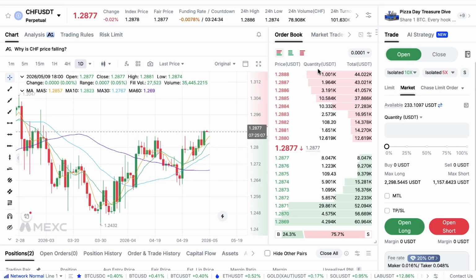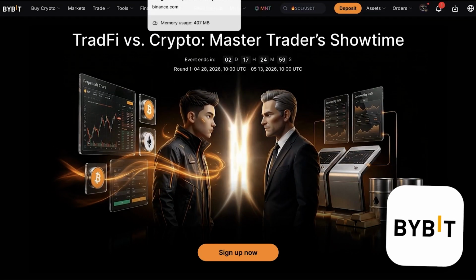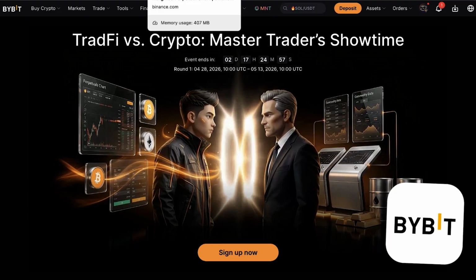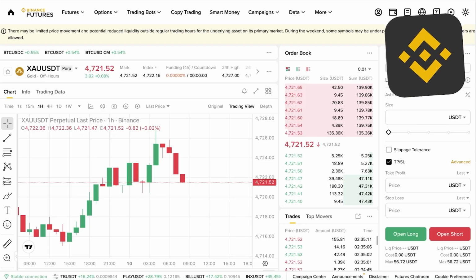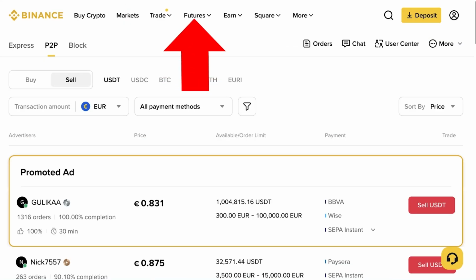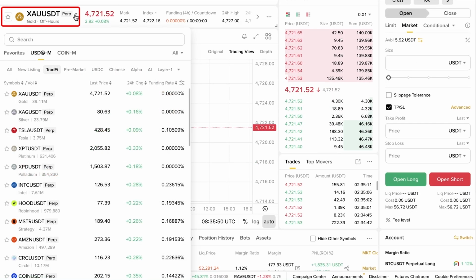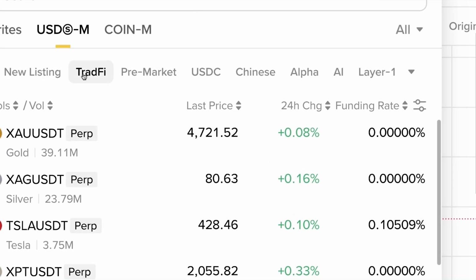And when we talk of typical Forex trading, these other platforms like MEXC, BITGET, BYBIT provide much more and better opportunities than Binance. Because let me show you here on Binance at the moment. If we come to futures trading, you can find it here on the futures. I'm now here on the futures, and then I hover my mouse right here, and here is TradFi, which stands for traditional finance.